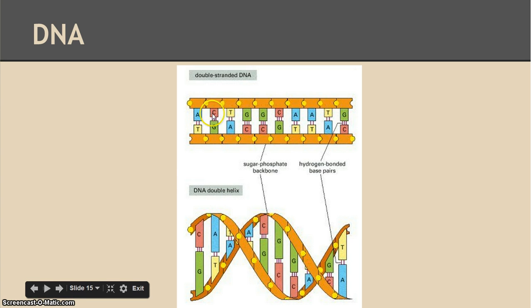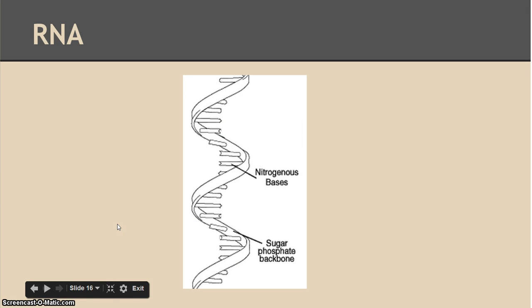You have A-T, it's a two-letter word, so it has two hydrogen bonds, and C and G has three. So we do have hydrogen bonds there. And then in RNA, we have a single helix. We still have our nitrogenous bases. They do not bond to anything, but they do help make our proteins, so they are very important.